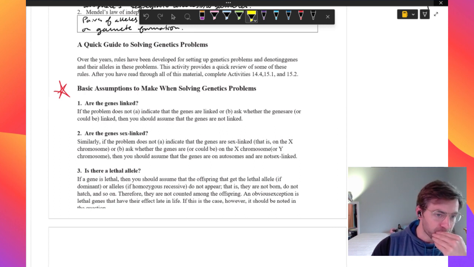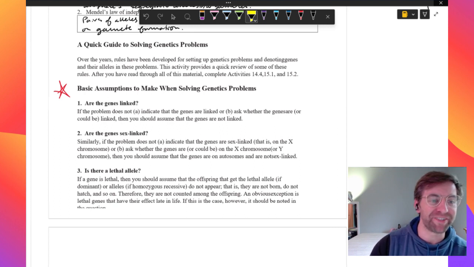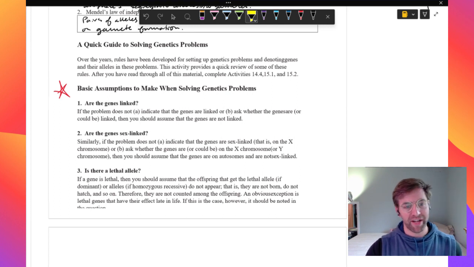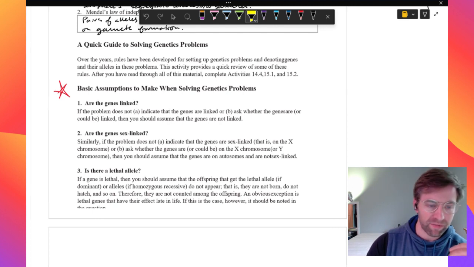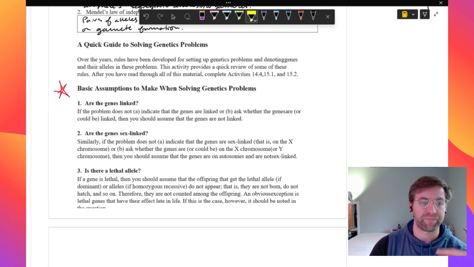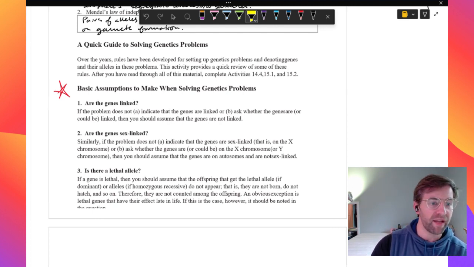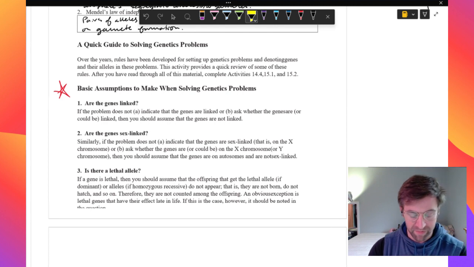So over the years, rules have been developed for setting up genetics problems and denoting genes and their alleles in these problems. And this activity provides a quick review of some of these rules. After you've read through all of this material, complete activities 14.4, 15.1, and 15.2, highly recommend. Do it.